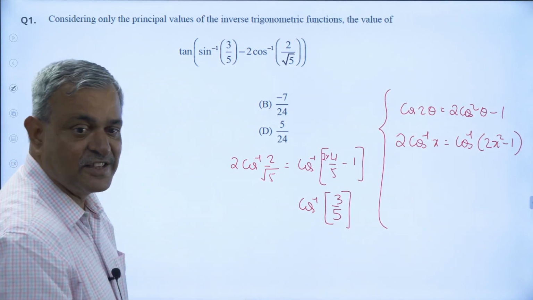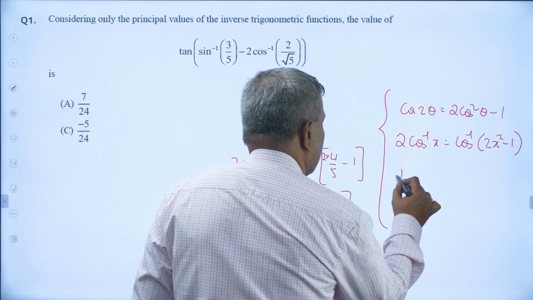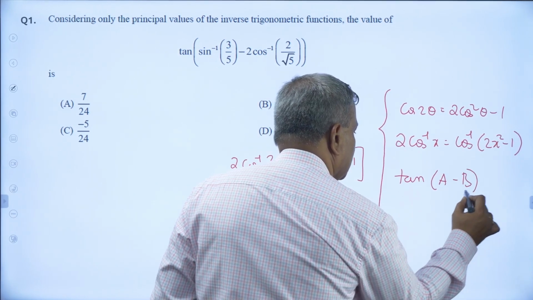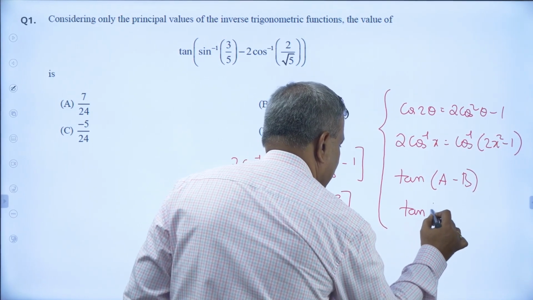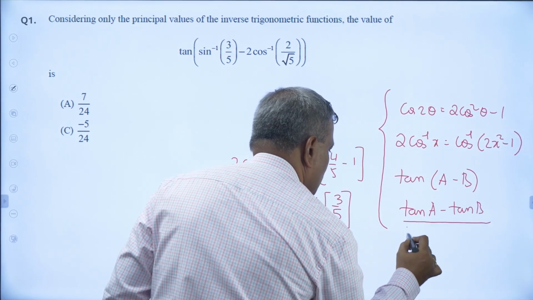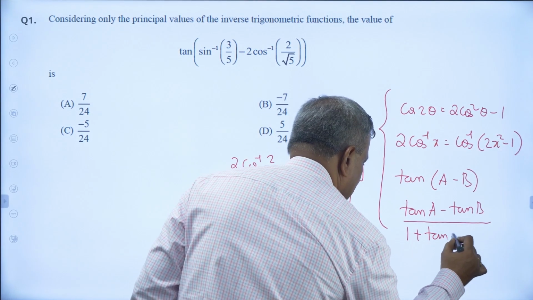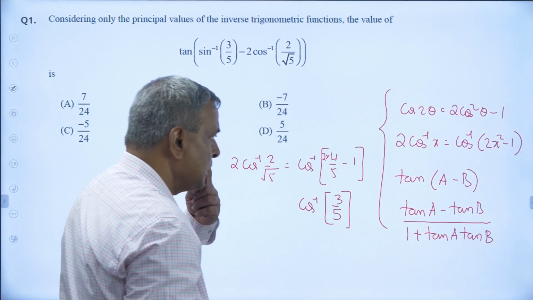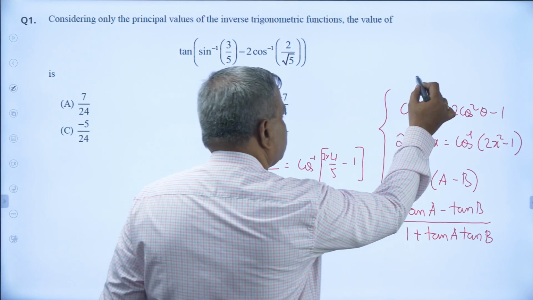Now outside tan is there. So we use the formula tan of A minus B is equal to tan A minus tan B by 1 plus tan A tan B. While solving at home or anywhere, keep on writing the concepts.